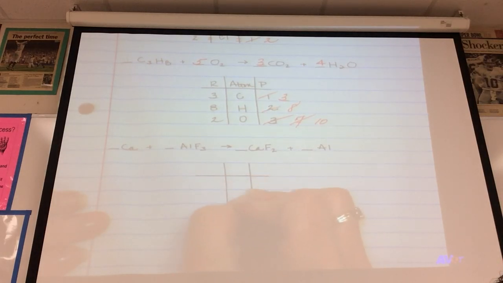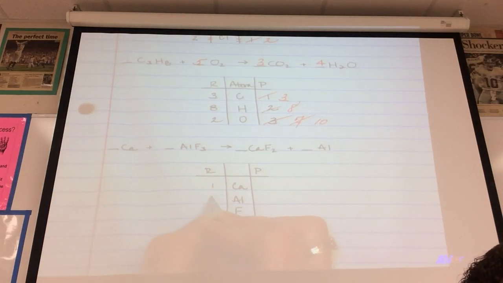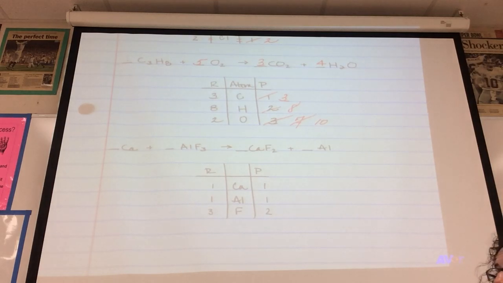Again, you want to list each atom every time you have a capital letter. And that's how many of each you have, and I'd like to show you a trick.